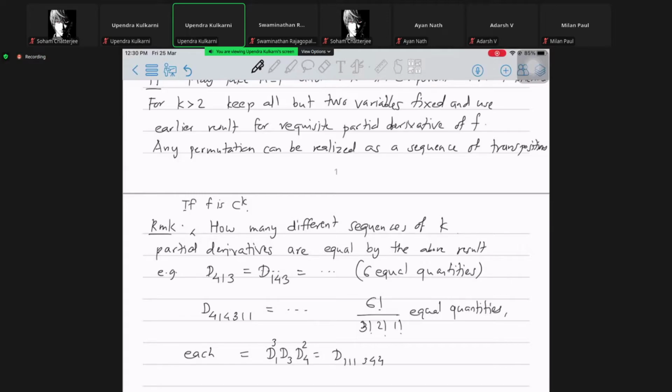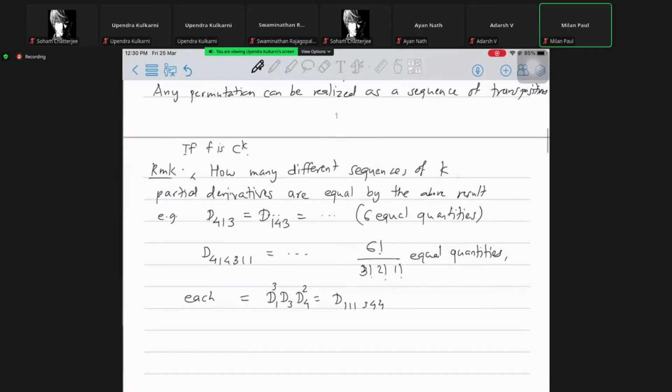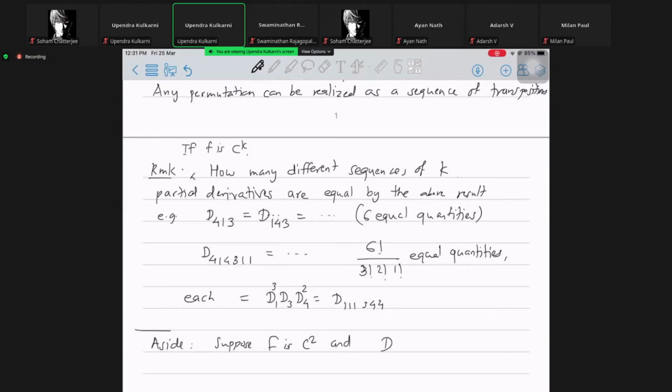Okay, so let me see if I understand what you're saying is right. So just a sort of remark. So let us say this is an aside. F is C2 and D, let us say something, whatever 2, 3, 1, 4 exists.